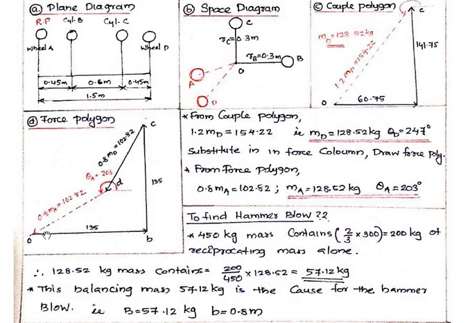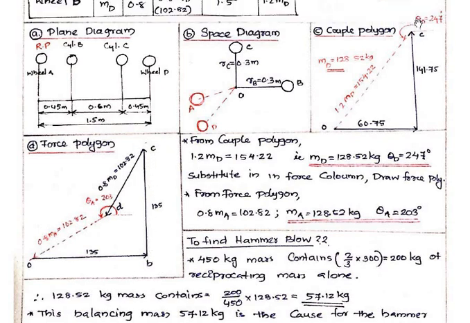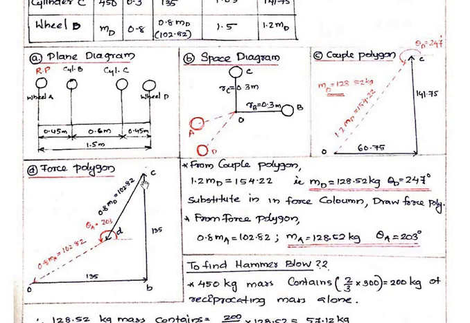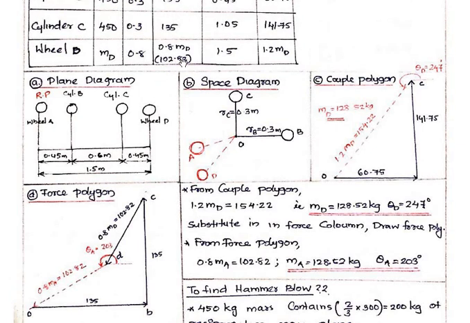So for plane B, draw OB with the convenient scale 135, and BC perpendicular to it, and we got OC at 247 degrees. Draw another vector, 102.82, in the plane of wheel D. Draw this vector CD, that is 102.82. That will be your 0.8 MD.